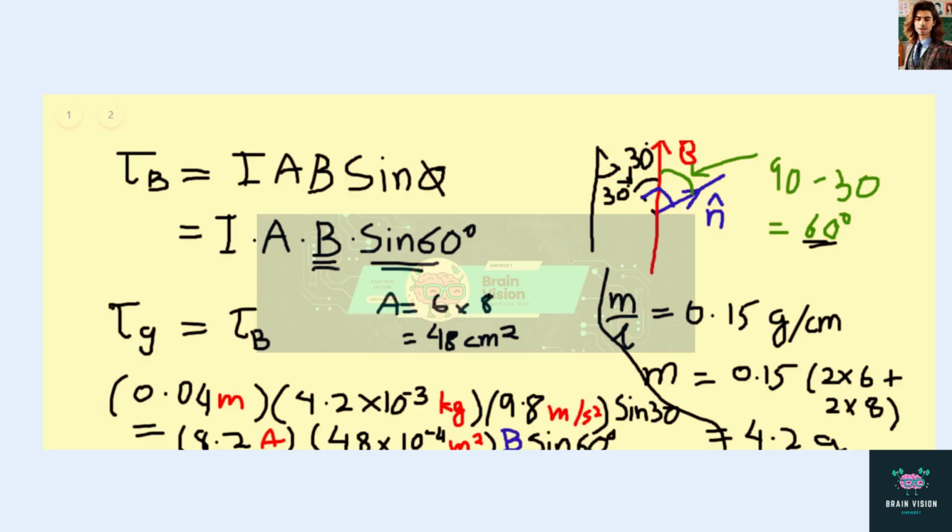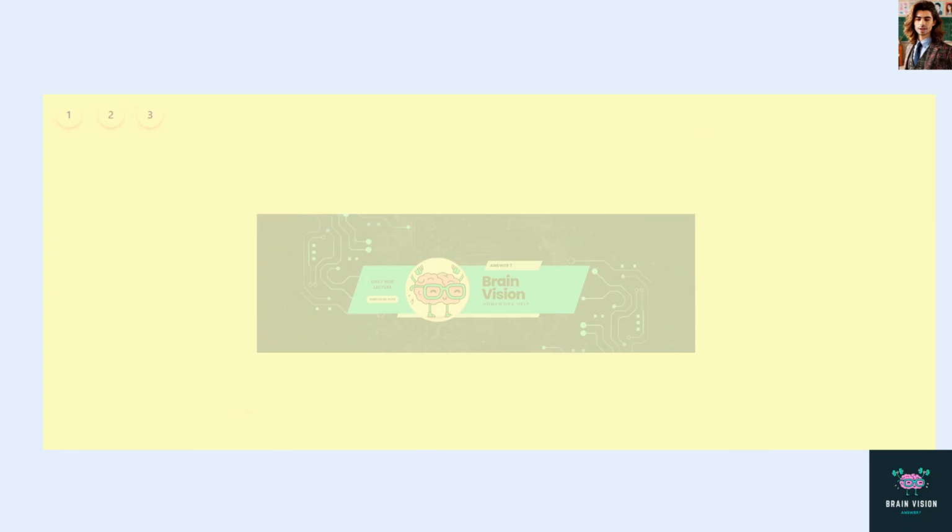The rest is just plugging all of these numbers into your calculator and solving for B. When you do that, the final answer is that the magnetic field required to keep the loop at 30 degrees is 0.024 Teslas.